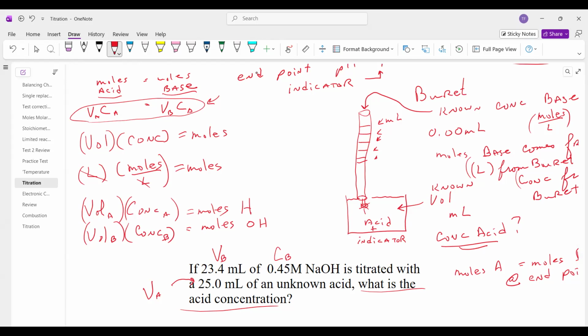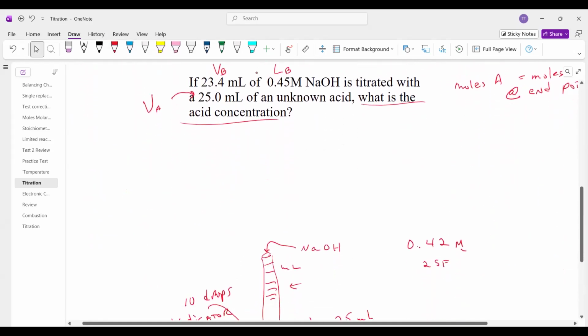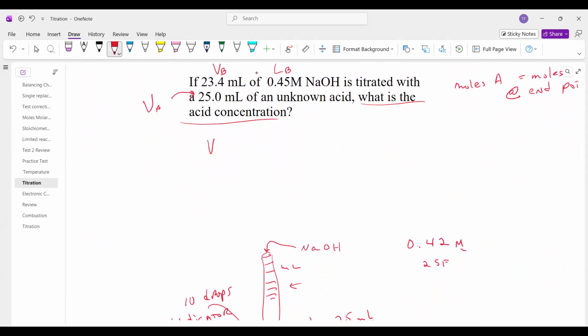Okay, so we have four variables. The volume of the acid and base, concentration of the acid and base. So we're trying to calculate the concentration of the acid. So we want to solve for this.